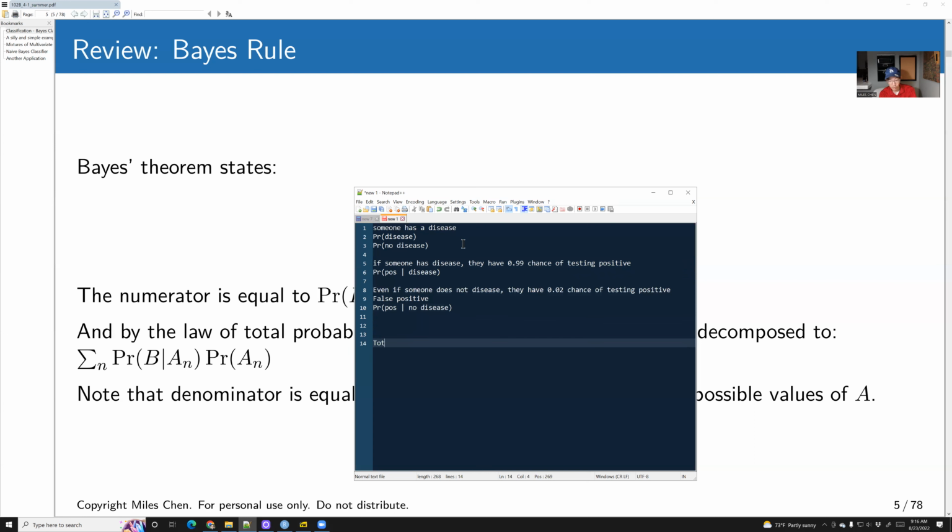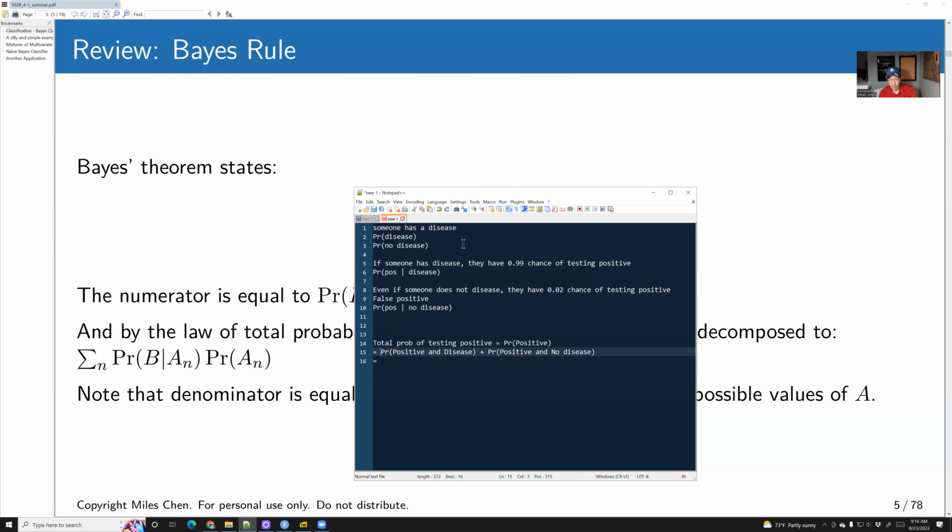Okay, so the total probability of testing positive is equal to the probability of positive and having the disease, plus the probability of testing positive and having no disease.